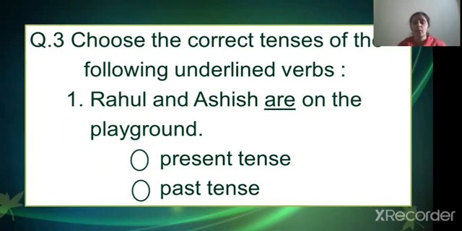Now tell me whether it is in present tense or in past tense. Very good. It is in present tense. Right now they are on the playground. So it is present tense. Clear? Shall we move to the next question?